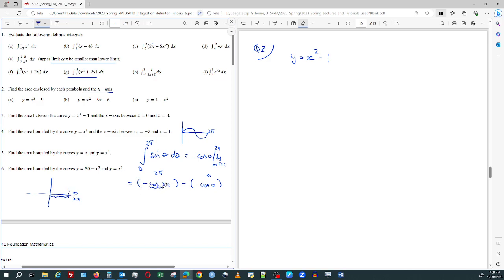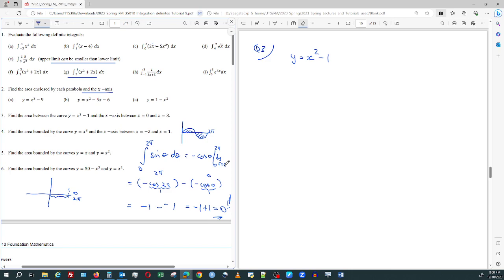So cos 2 pi is 1, cos 0 is also 1, so we get minus 1 minus 1, which is minus 1 plus 1, which is what?